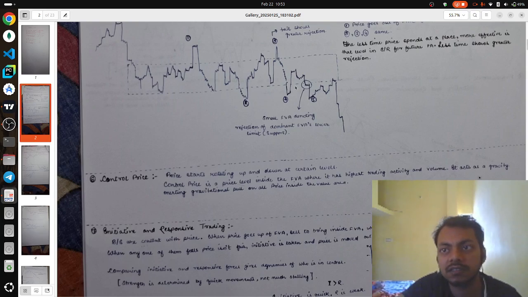Anyways, let's just move with the cursor. If we assume that the price has spent most of the time at this line, this will be the control price.